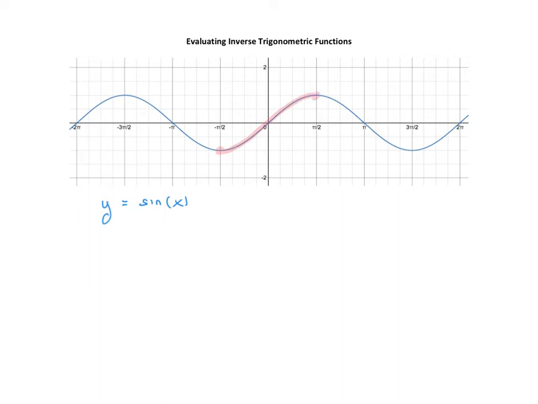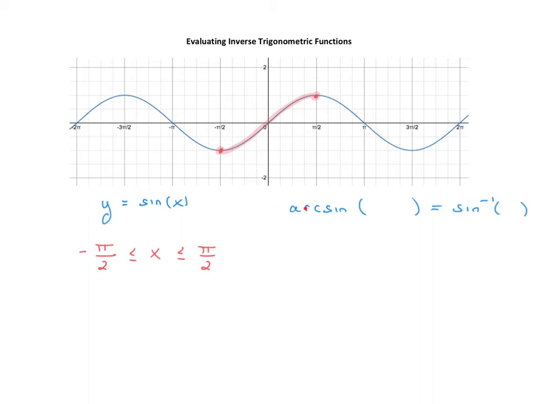The reason for this is an interval where you would have a one-to-one function for sine. So just as a reminder, the inverse is only defined when we restrict our attention between these two angles. But once you do, you can now define what we call arcsine or sine inverse.